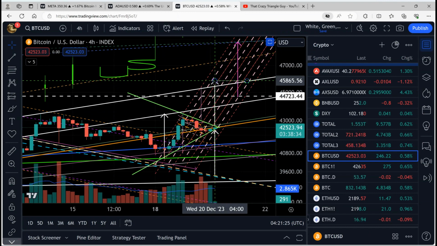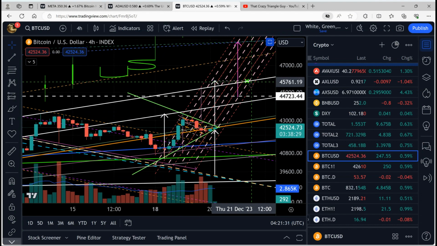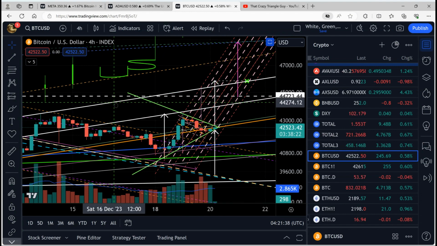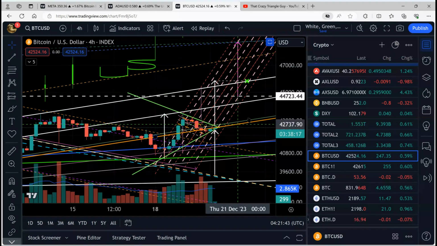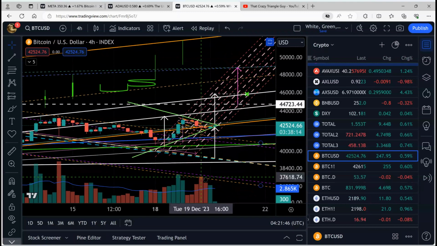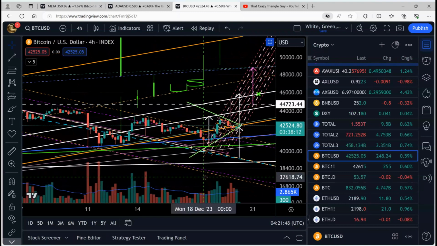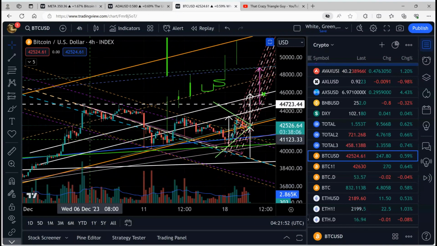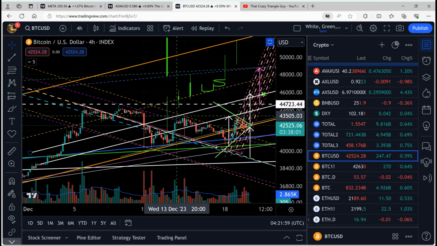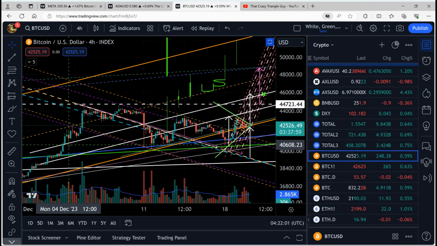Now, if you go sideways across all our parallel channels that we drew, well, first of all, I drew these other white lines that are perfectly parallel to our orange parallel channel that we have been trading in. And I placed this one with contact points here and here. So that's on a Monday.